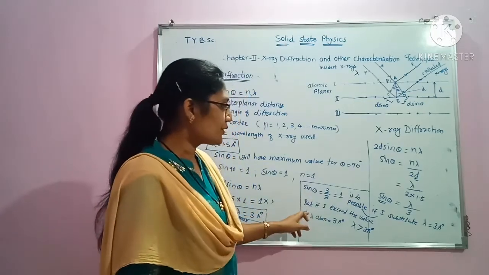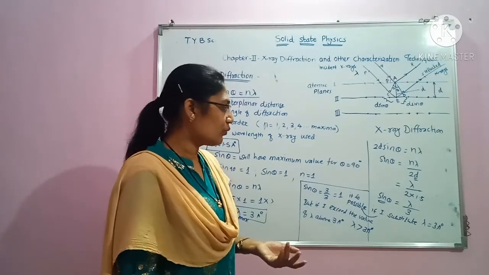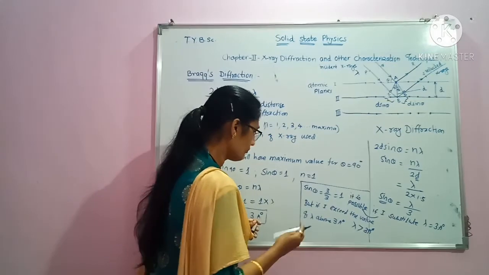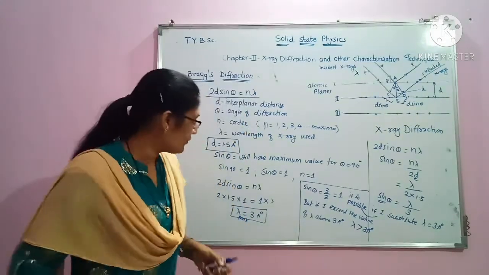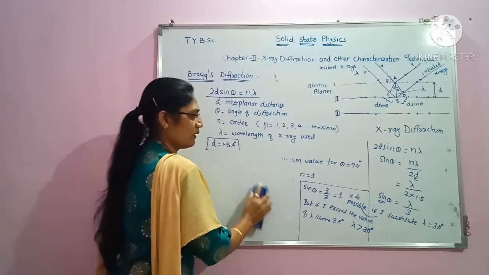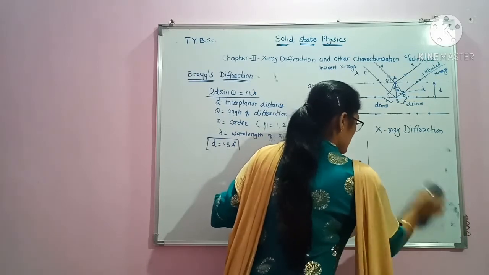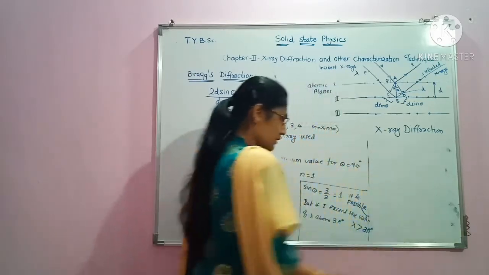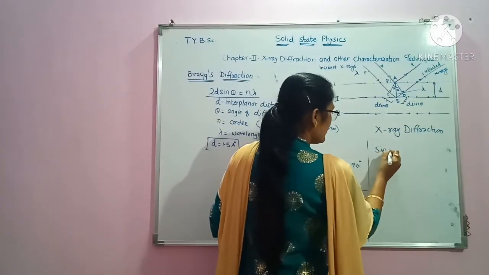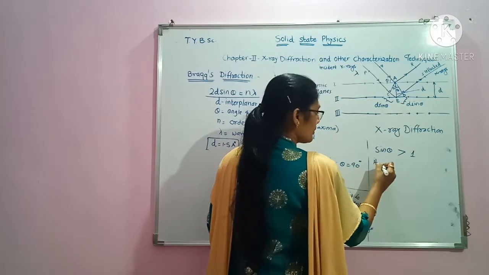But if I substitute a value of lambda which is greater than 3, then what will happen? The sin theta value will become greater than 1, and it is not possible.